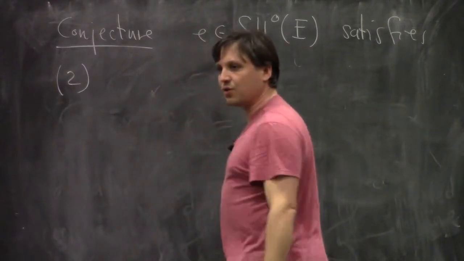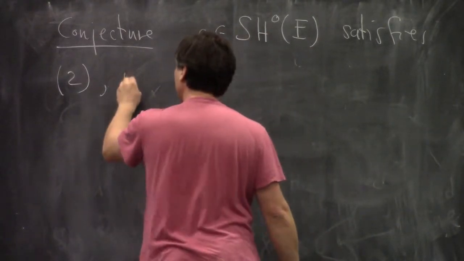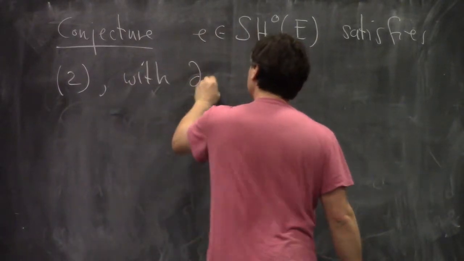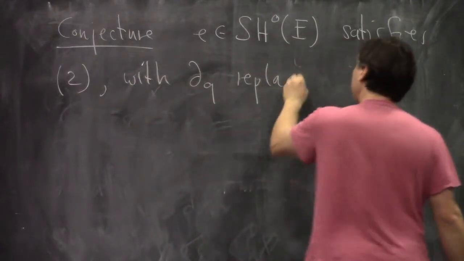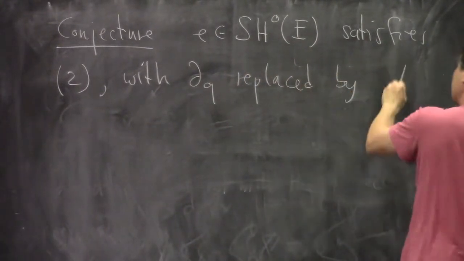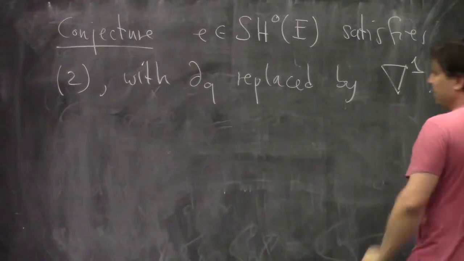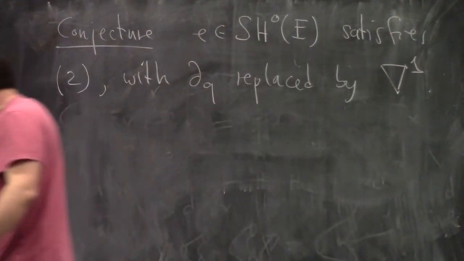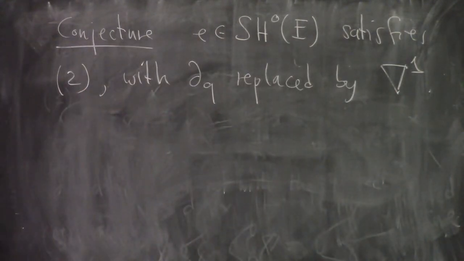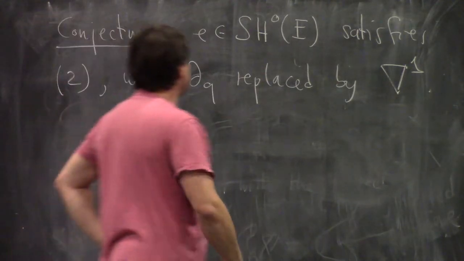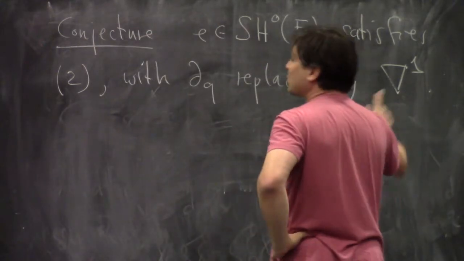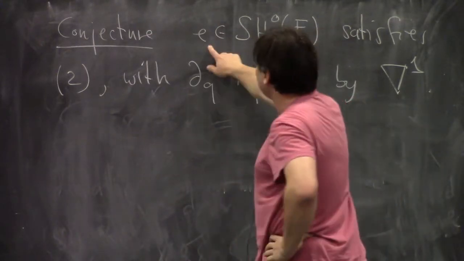So this is the second order equation with dq replaced by this connection here. Maybe you forgot everything about where this comes from, but basically I started out with this first order equation and I wrote it as a scalar second order equation. And the claim is that this second order equation appears in this context if you try to apply this differential operator to the unit class.